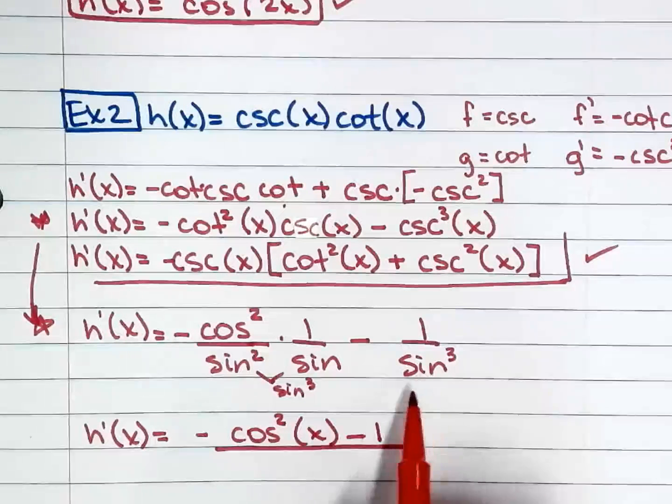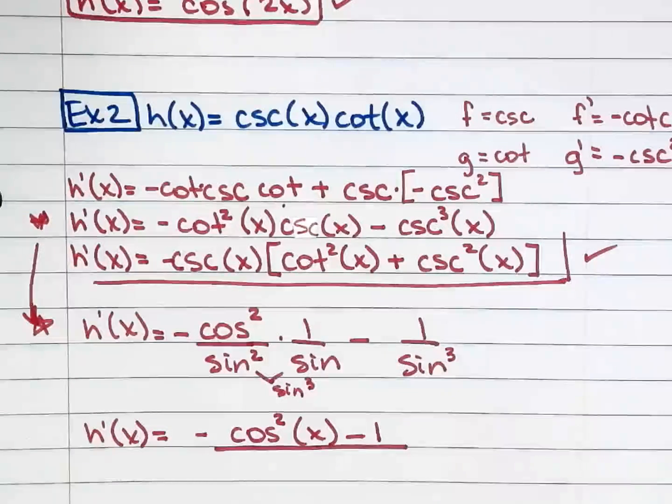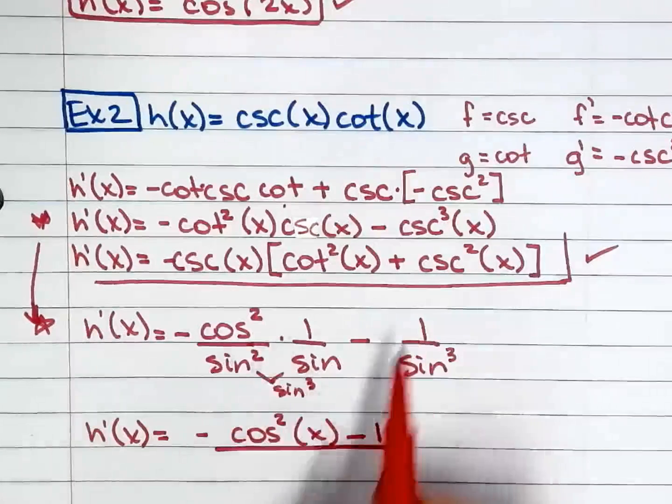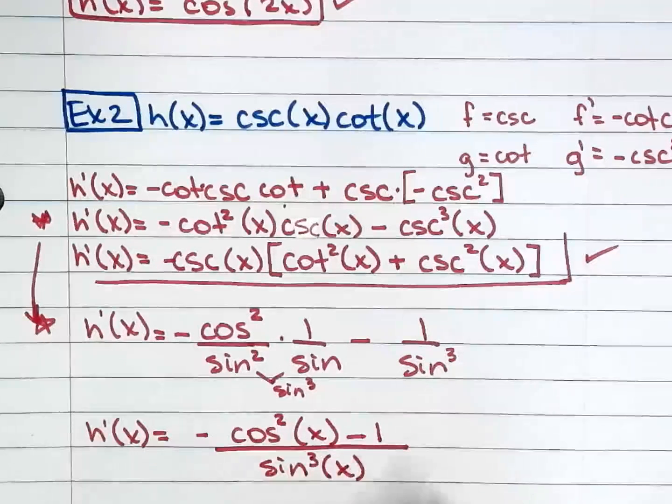This is also sine to the 3rd power. And we got lucky there because they have the same denominator, so I can just add the numerators. We're going to keep that denominator right there.